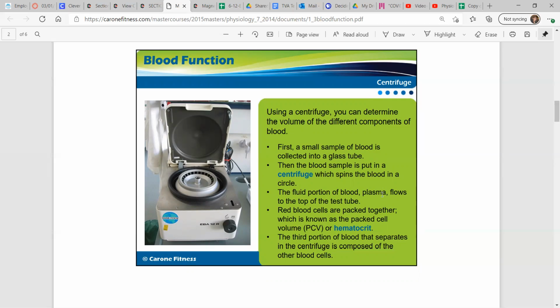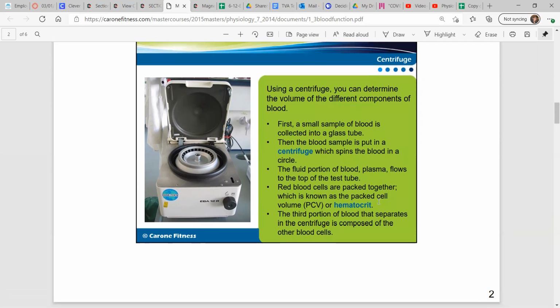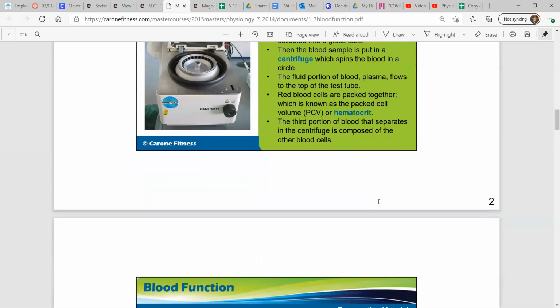The fluid portion of blood plasma flows to the top of the test tube. Red blood cells are packed together, which is known as the packed cell volume, or PCV, or hematocrit. And the third portion of blood that separates in the centrifuge is composed of the other blood cells.